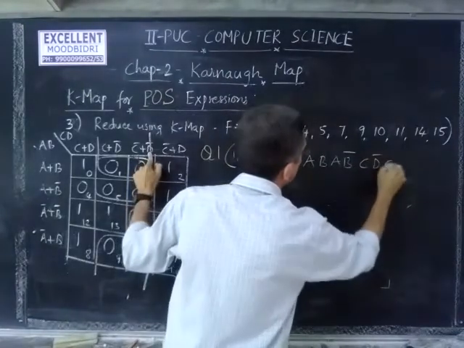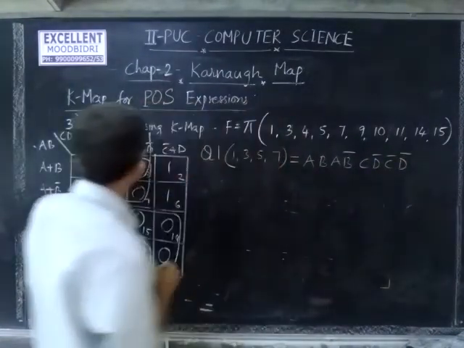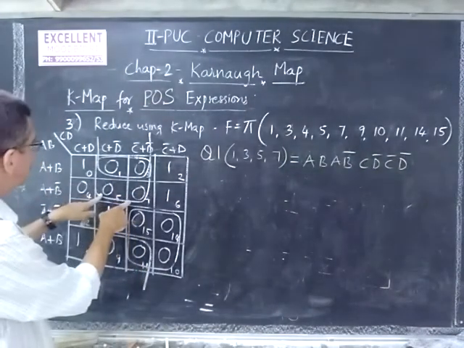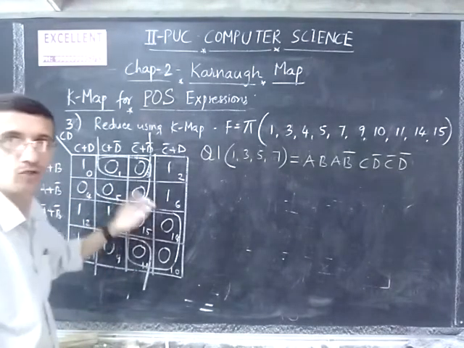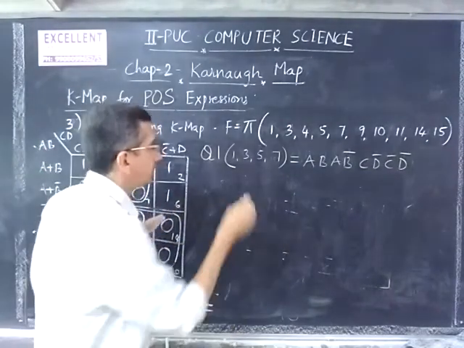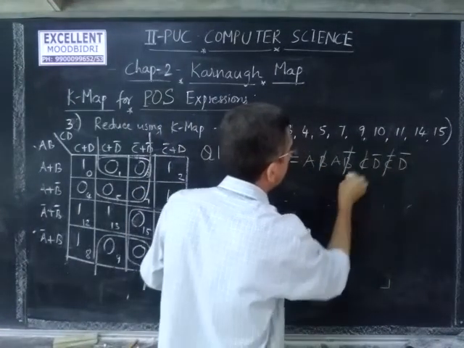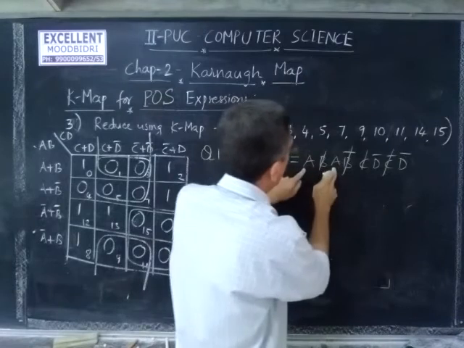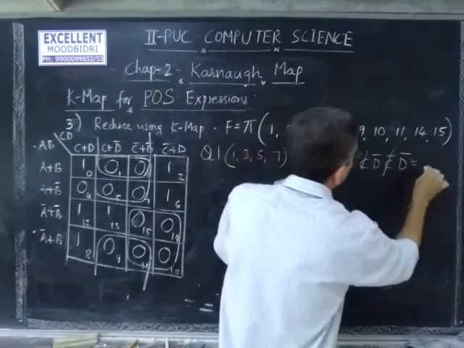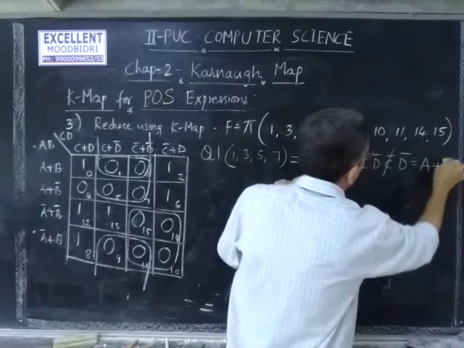So this quad, repeatedly you need not write because they will cancel. So here B and B bar will cancel, C bar and C will cancel. What is left out is A and B bar. This A plus B bar.